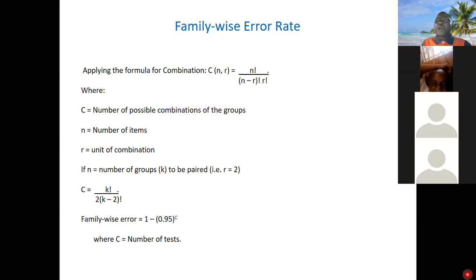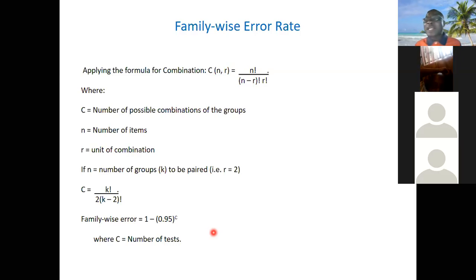The probability of you not making type 1 error is 1 minus 0.05, which is 0.95.